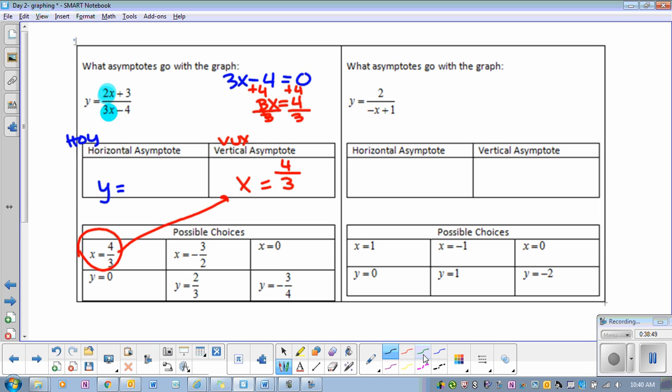Are those two x's the same power? Yes, just x to the first on both. Isn't it same over same? So if I have 2x over 3x, we only look at the coefficients and divide them. What's 2 divided by 3? Can you simplify that anymore? No. So that's my horizontal asymptote: y equals 2 over 3. Not bad, right?